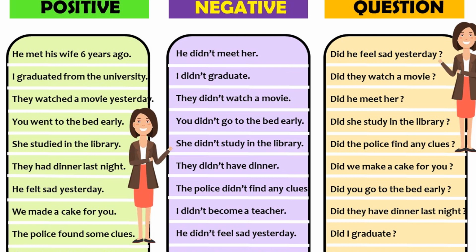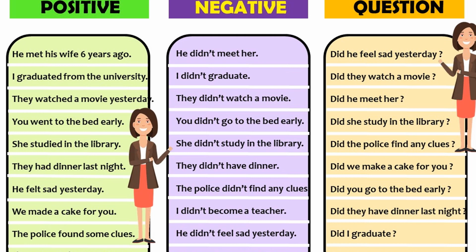Let's look at the second one. I graduated from the university. Into a negative sentence, it would be: I didn't graduate. And if we have to put this in the interrogative form, it would be: did I graduate?